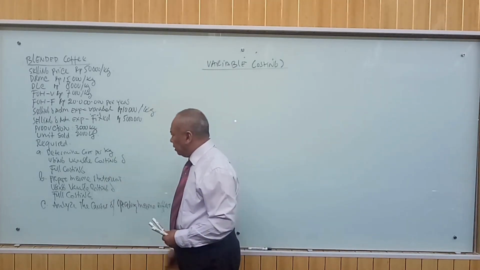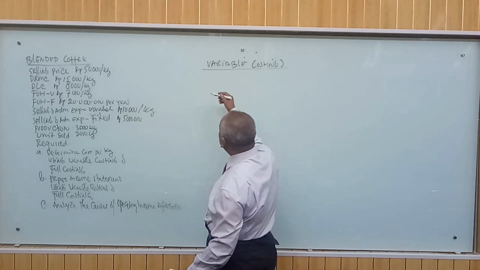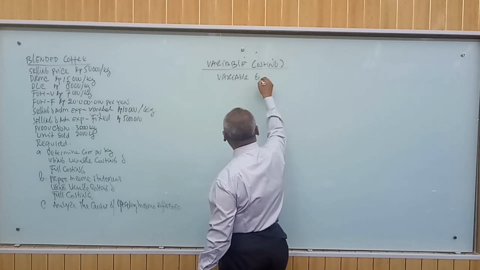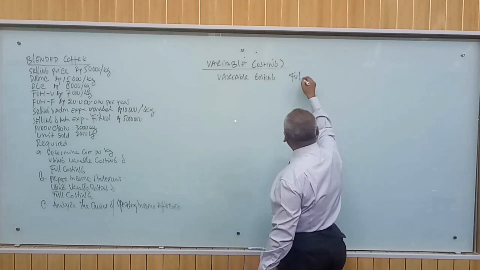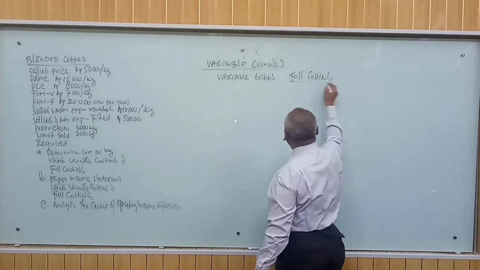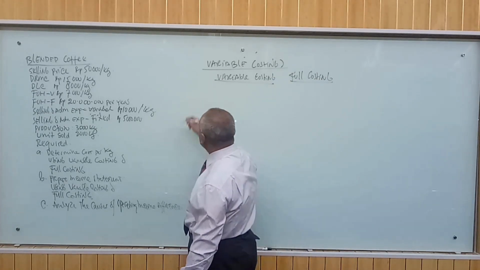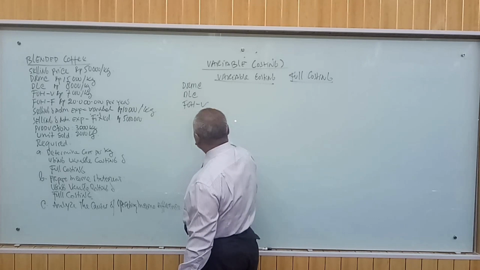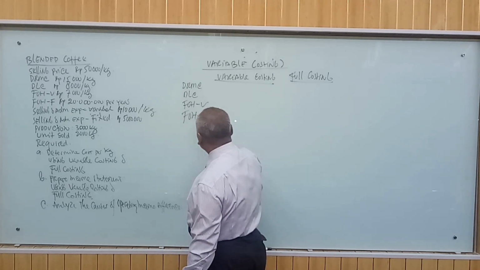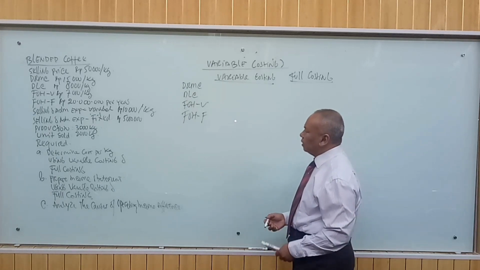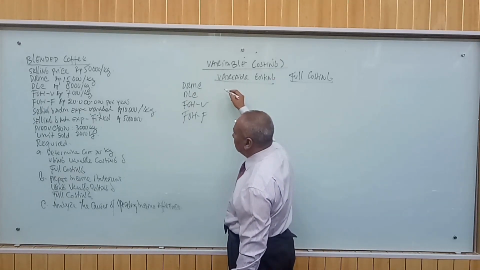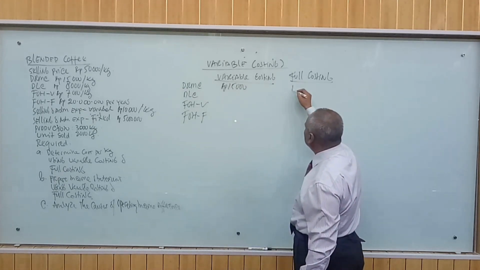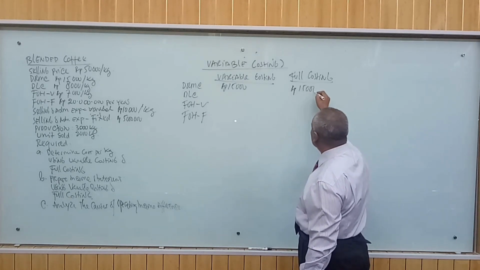To answer the first question, we can compare like this. This is variable costing and this is full costing. Direct raw material cost, direct labor cost, variable factory overhead, and then fixed factory overhead. The direct raw material cost is 15,000, the same for full costing, 15,000.